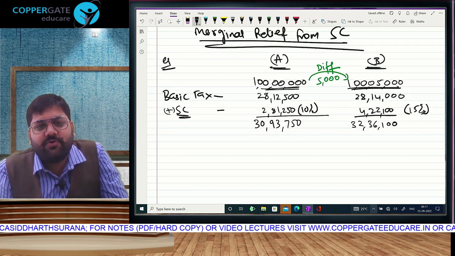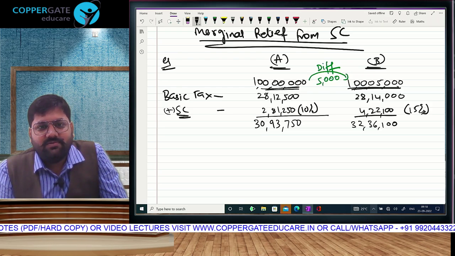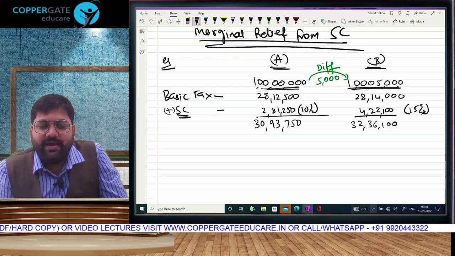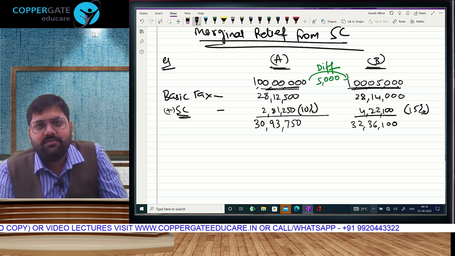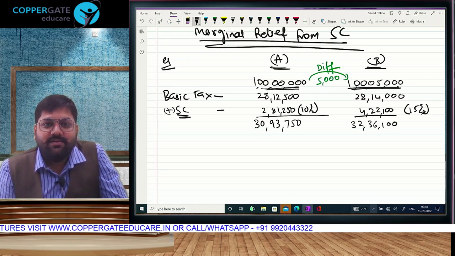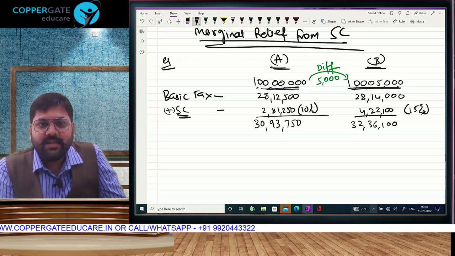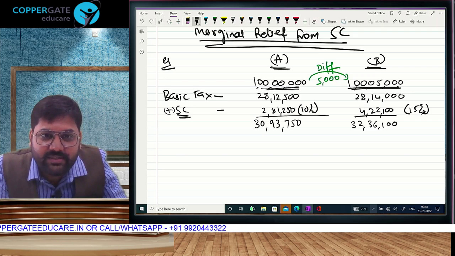Actually, maths is not fast. I have been doing this for 12 years. My hair has turned grey doing this. I always say, doing this my hair has turned from black to white. So it is not difficult to remember these figures. Everyone is with me at 32, 36, 100. Surcharge figure is matching.